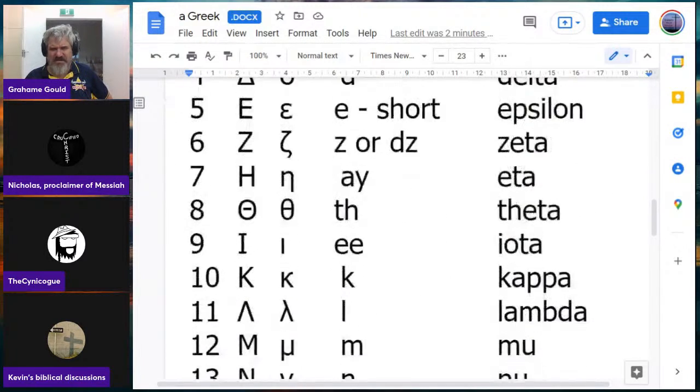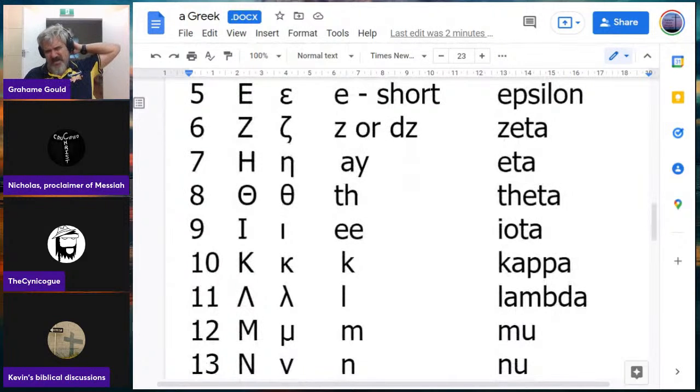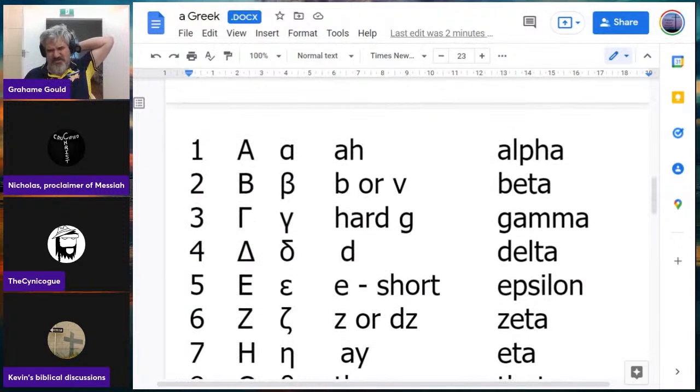Run your eye down that. The other thing that I like to do is just write out all of the letters and then go back through them and see if you can remember, after you've written them out, what sound each one makes. I think that helps embed it, and writing it out really helps. And then also saying it.